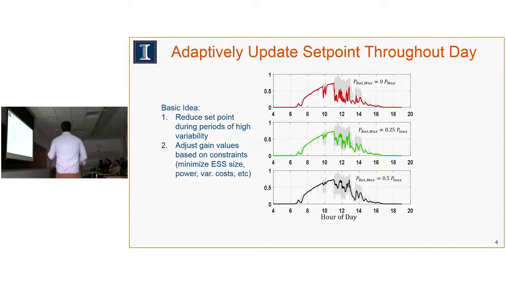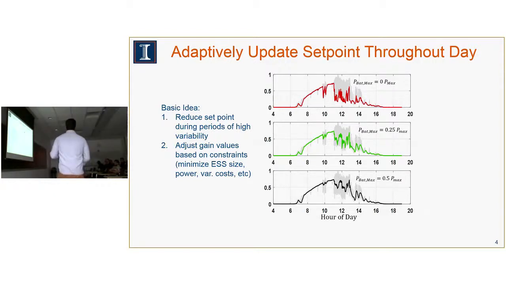So this is just showing a simple example. Say you have an array that's heavily penalized for having a lot of variability. Depending on the size of the storage system you have, you'd want to track a different set point throughout the day. The gray here is just showing how the maximum power point tracks throughout the day.